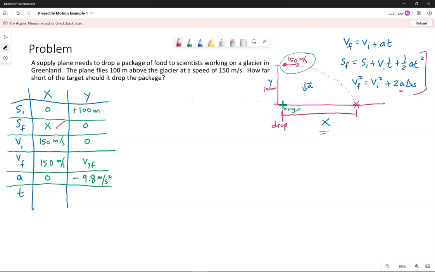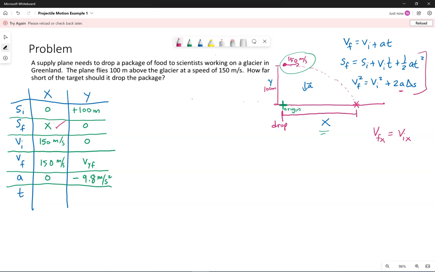So this third equation essentially tells us that the final velocity in the x direction will equal the initial velocity in the x direction. If a is 0, that whole third term is gone. And that happens with the top equation as well.